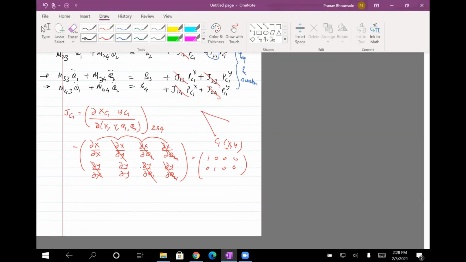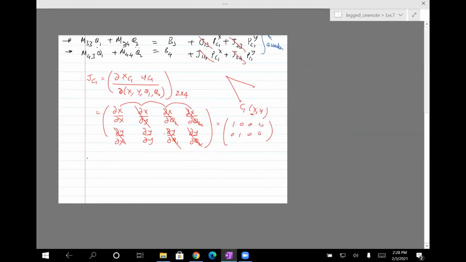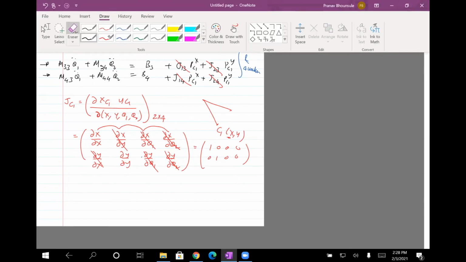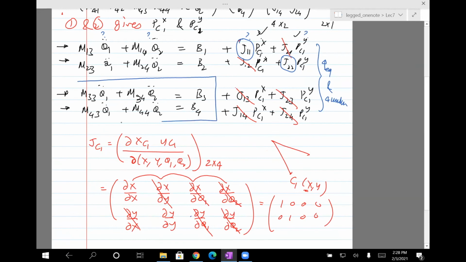So it turns out it's actually much simpler than you think. These equations boil down to, first of all, this equation, which is totally independent of any reaction forces PC1x, PC1y, because all these terms are 0.